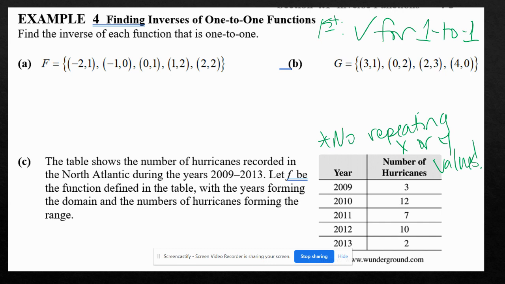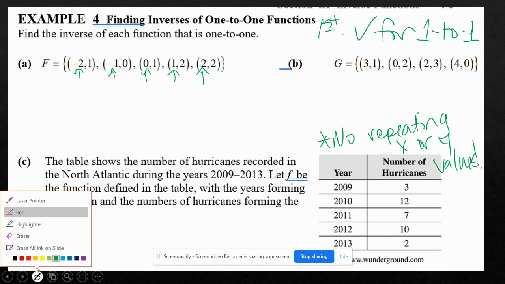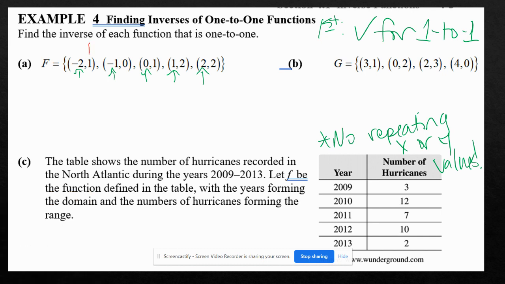All right, so looking at the f function, starting with my x's, I have -2, -1, 0, 1, 2. That's great. Nothing there repeats. We're good for that. Y's, I have 2, 1, 0, 1, 2. Uh-oh. I've got 1s that are repeating and 2s that are repeating.